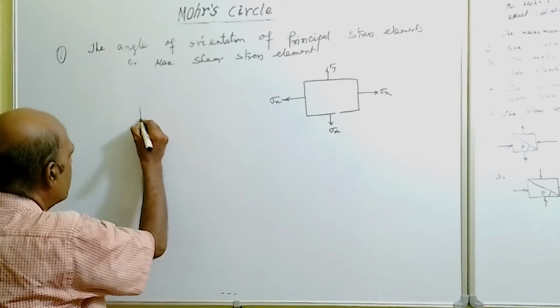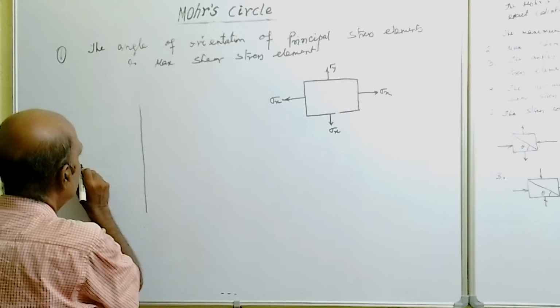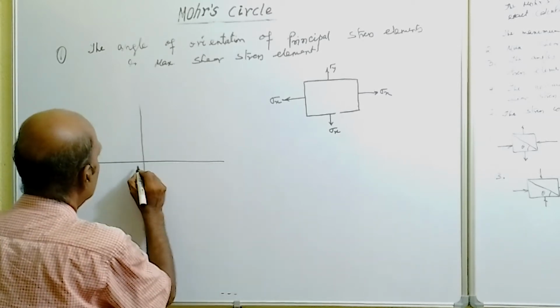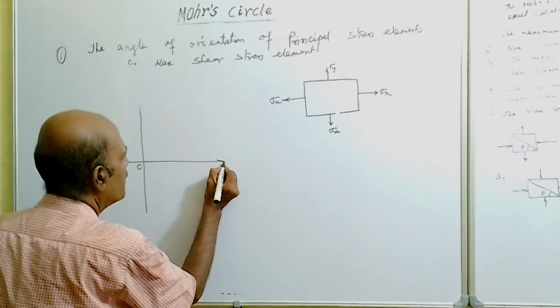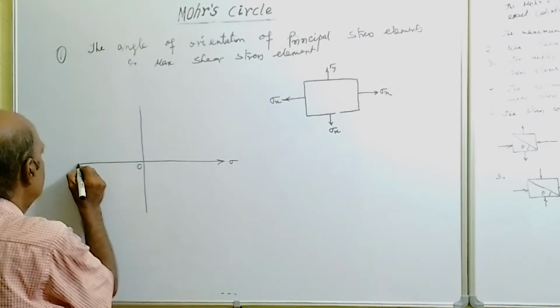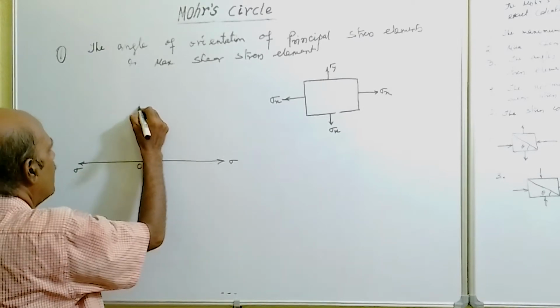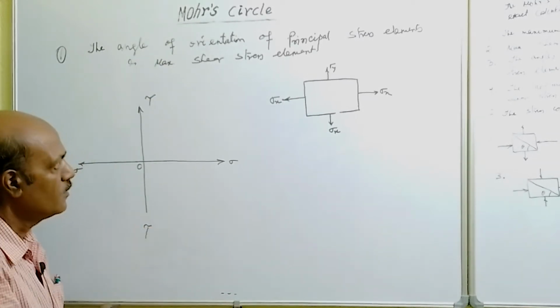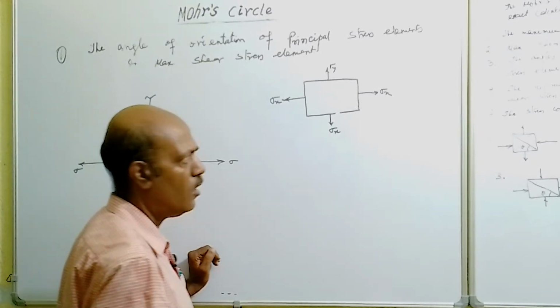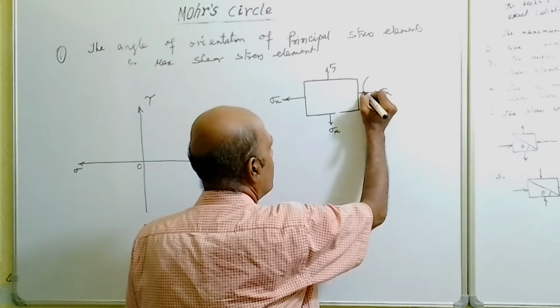For drawing the Mohr circle, first you draw the axis. Say this is the origin, this is your sigma axis and this is the tau axis. Now plot the x phase point.